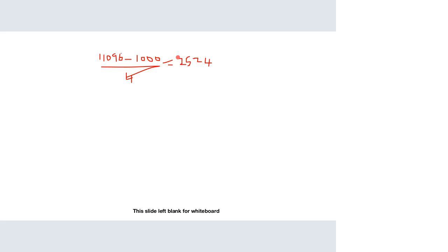Now, sometimes you can be required to prepare the amount of the installments that will be paid for the 4 years. Remember, this is the first method. I've shown you the two methods.